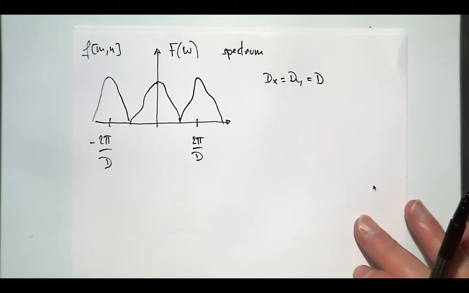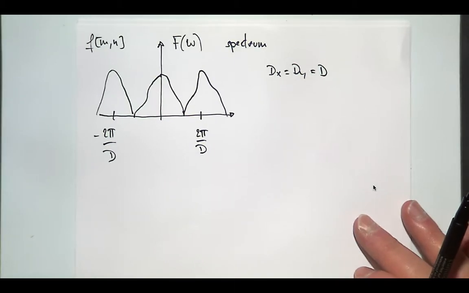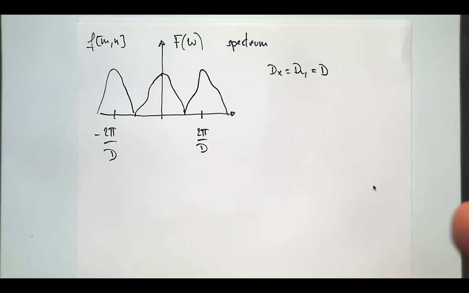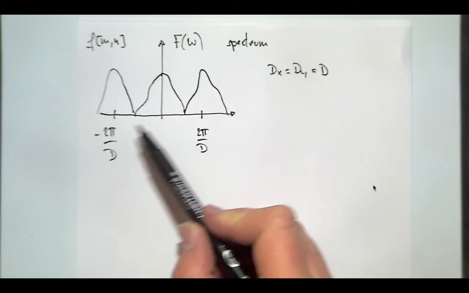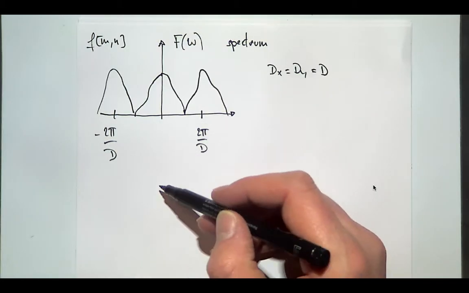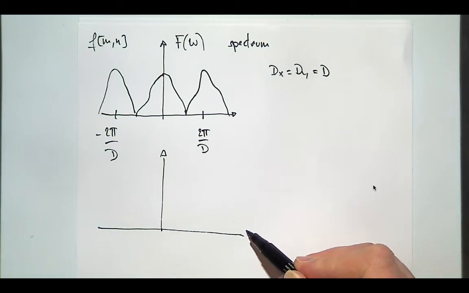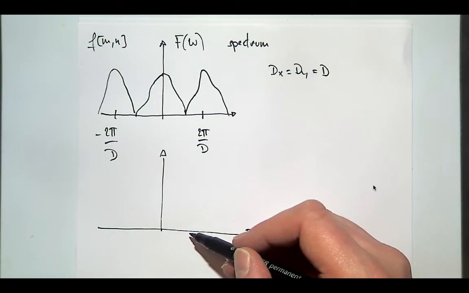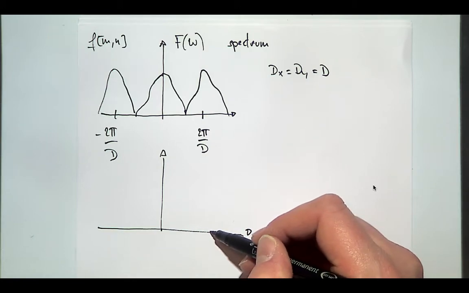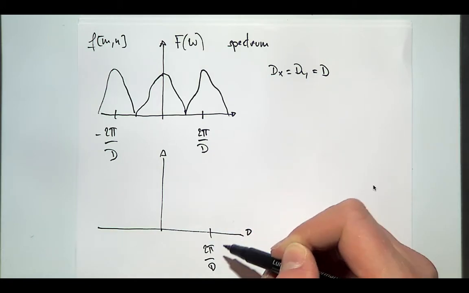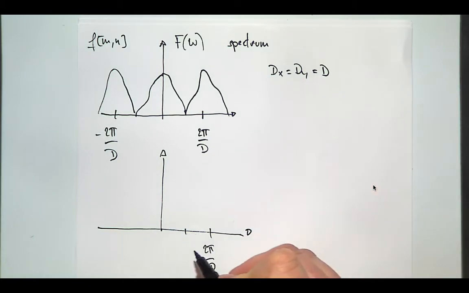Obviously, when you downsample, you're going to produce more of these replicas, and you're going to have an issue: if you downsample by 2, your sampling frequency will go from 2 pi over d to pi over d.